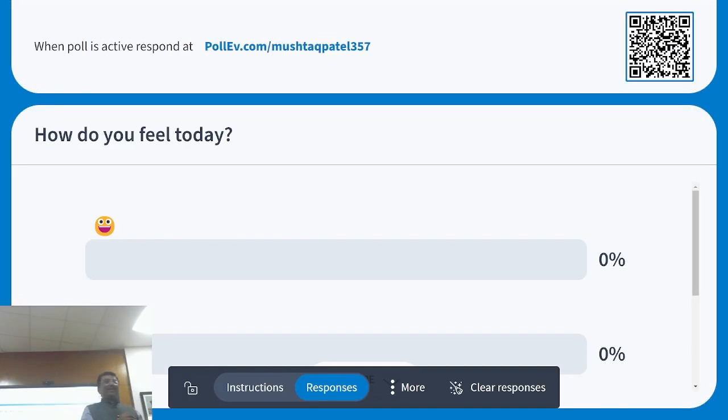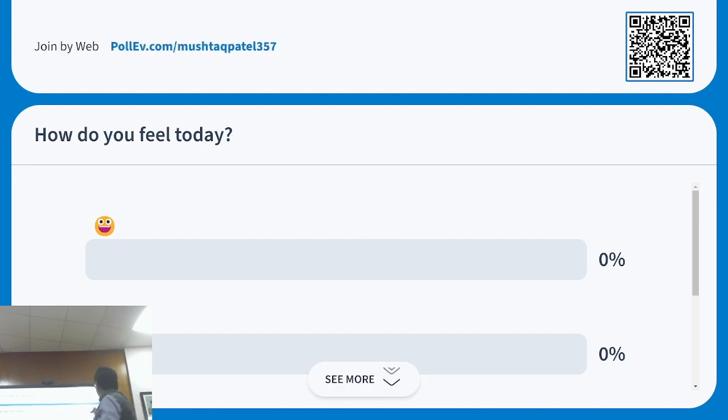How do you feel today? This code you can scan or you can type this and respond. How to scan that? Open your camera. Scan this QR code. Any screen which is nearby to you. How do you feel today? Means after having food, we become very happy, tired.